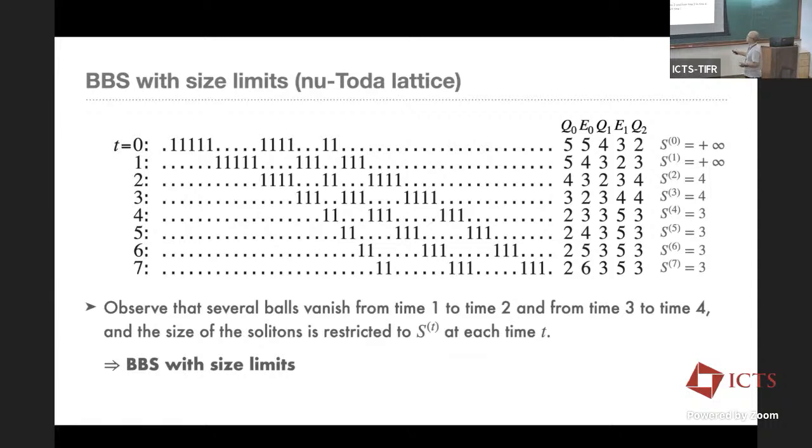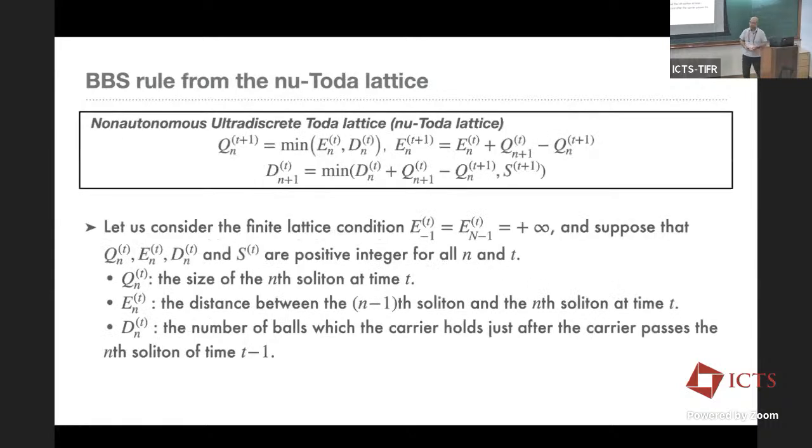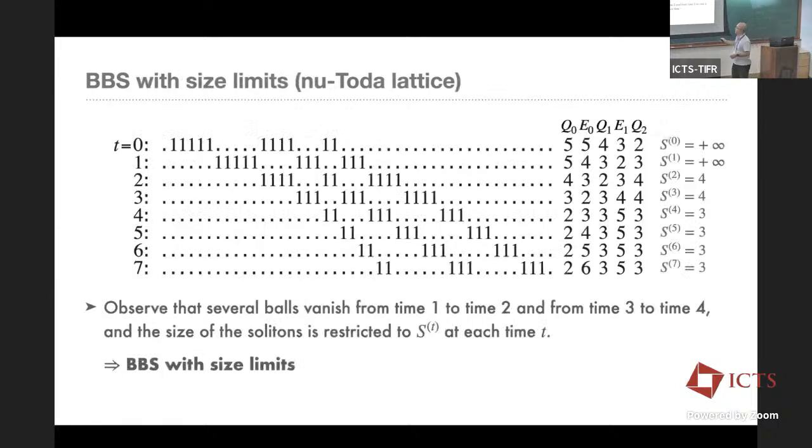So in this case, let's check the previous expression. Here, if S plus 1 is equal to plus infinity, then always the first term will be taken as the n plus 1. So S taken as plus infinity means it should be the same as the original Toda lattice. So first, we take the same as the original box-and-ball system.